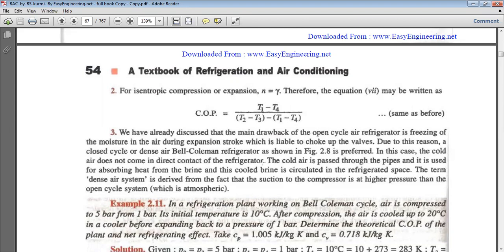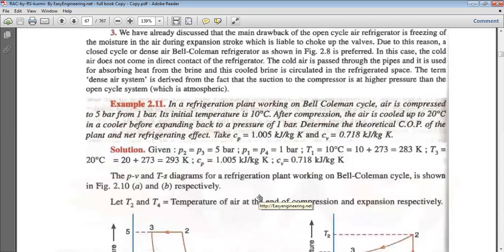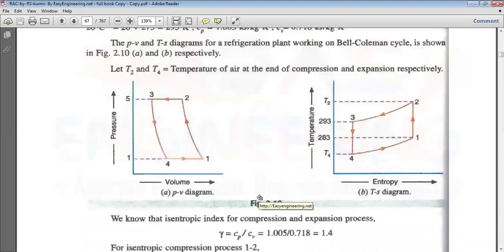That's why, in the dense air system, the suction pressure of the compressor is higher than atmospheric pressure, whereas in the open cycle the suction pressure of the compressor is atmospheric pressure. In the closed system we can maintain above atmospheric pressure and get higher pressure. High pressure air is called dense air, so we call it a dense air refrigeration system.